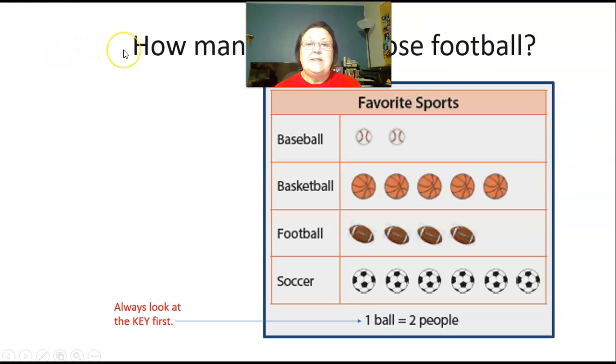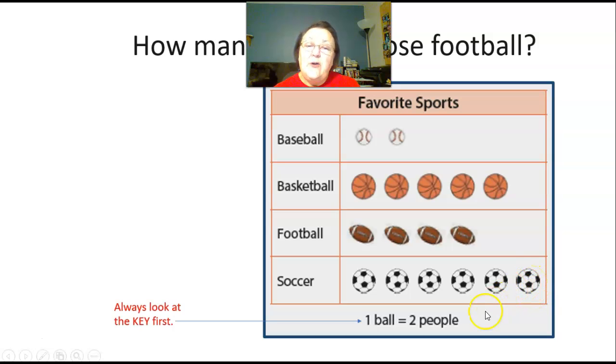And our question is, how many people chose football? So here is football. Let's count. 2, 4, 6, 8. So then our answer would be 8 people chose football. Let's look at soccer. Soccer we have, count with me, 2, 4, 6, 8, 10, 12.